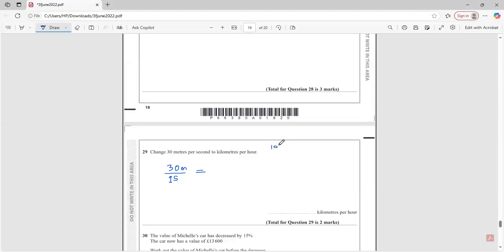Yes. So if I were to convert from meters to kilometers, what direction would I be going in? I'll be going in this direction, isn't it? Yes. So that would mean I'll be dividing by 1,000.